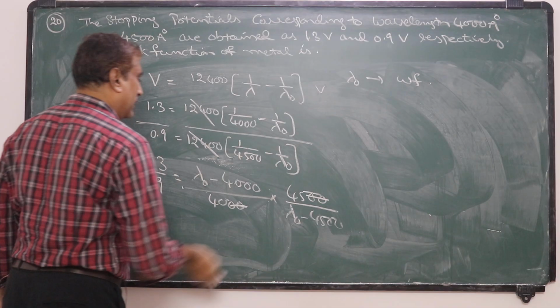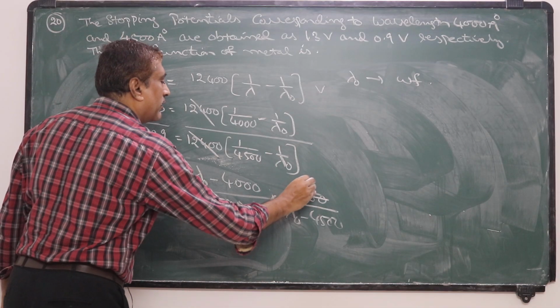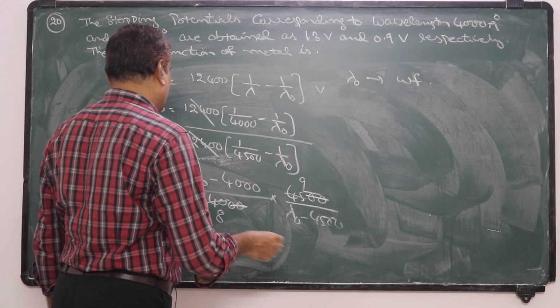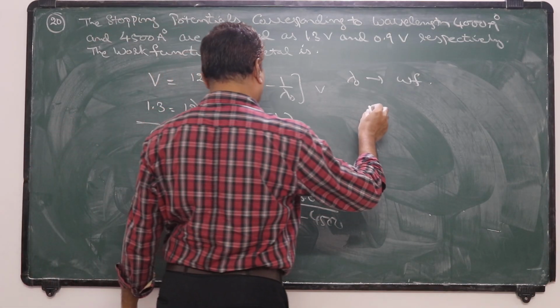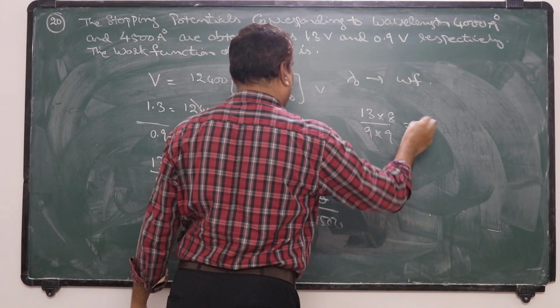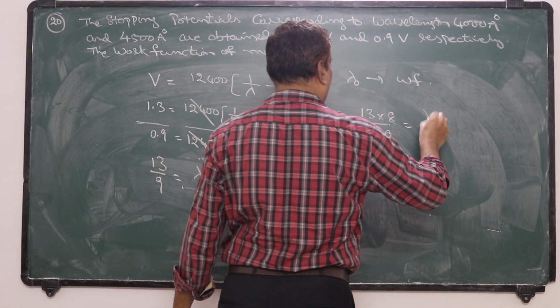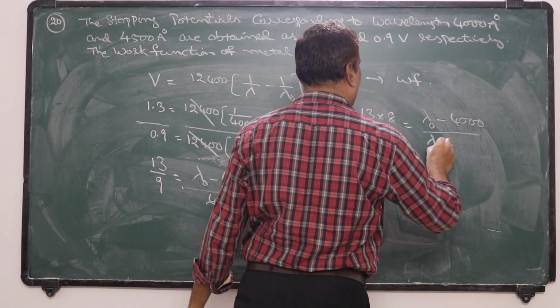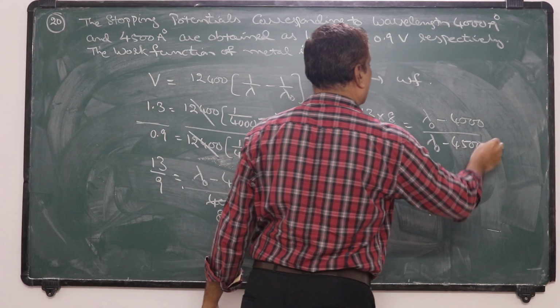So these two will get cancelled, and this is 9 by 8. So we can write: 13 into 8 by 9 into 9 is equal to lambda 0 minus 4000 by lambda 0 minus 4500.